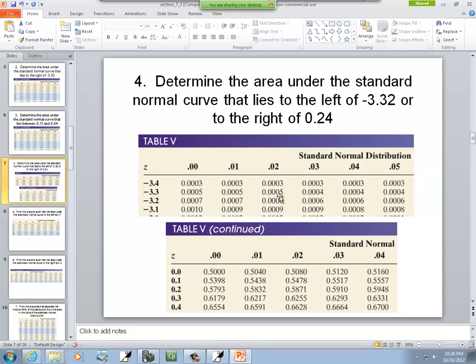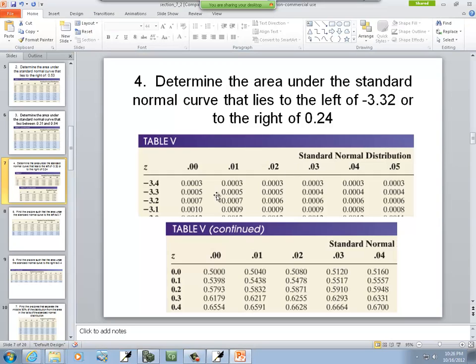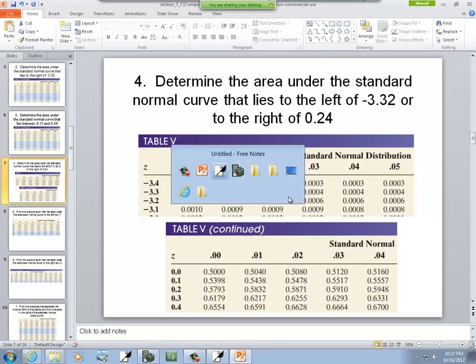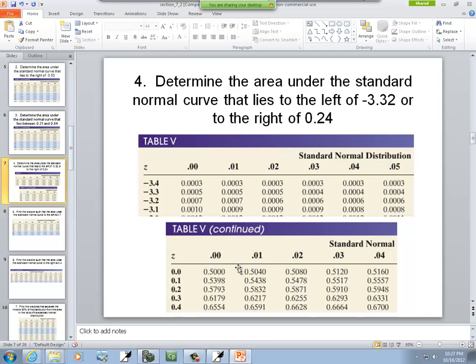So negative 3.3 and 0.02 gives us 0.0005. Now let me double check that. Negative 3.3, 0.02, 0.0005. Yep.